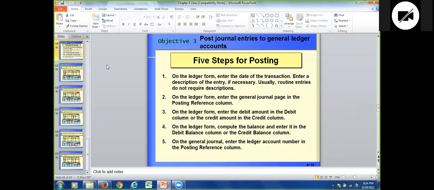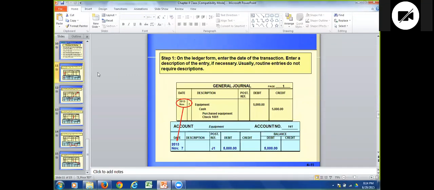And then there are 5 steps for posting, which I kind of just hit on a little bit ago. But let's look at the last 5 slides because that's what they are, the 5 steps. So this is posting a general journal to the ledger. Step 1, you want to put the date in. So you take the general journal date and put it on the ledger.